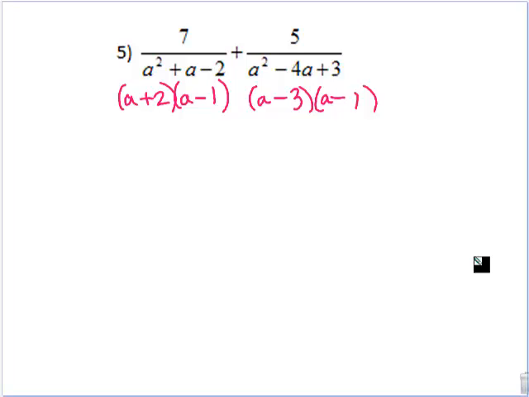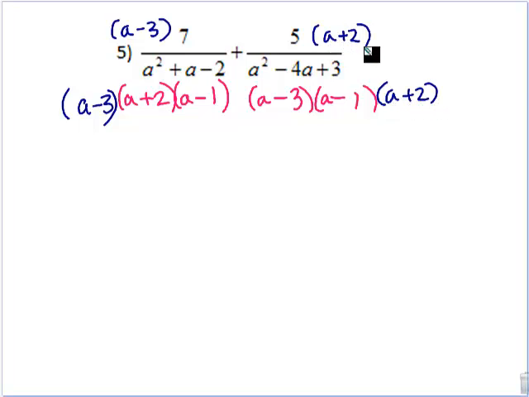Yeah, we need an a minus 3, because over here in the second fraction we have an a minus 3 that we don't have in the first one. So we would want to add on an a minus 3. So we'll do that to both the numerator and the denominator. Second fraction, what would we want to add on? An a plus 2, yep. So we'll combine that on to the second one.